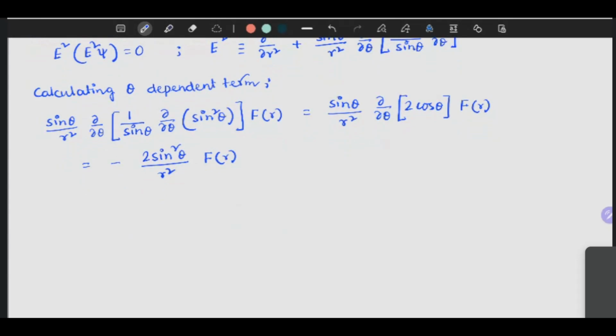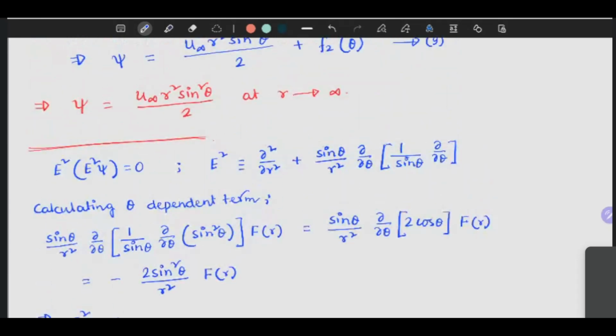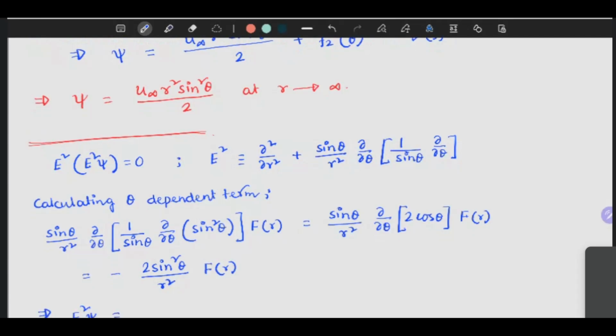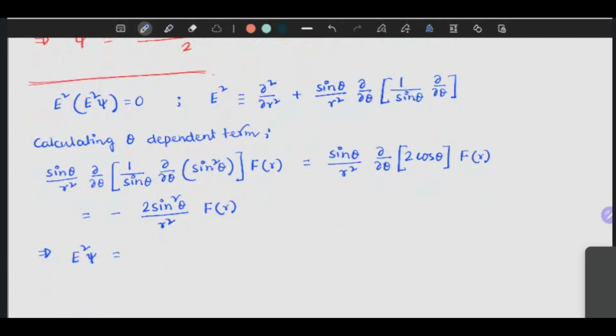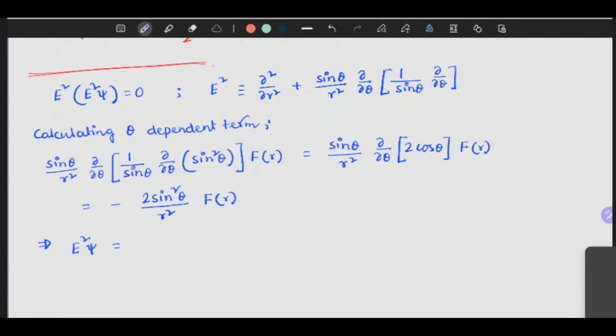So then E square, the Laplacian of psi, if there is f of r, will be f double prime minus 2f by r square, and sine square theta will be there.